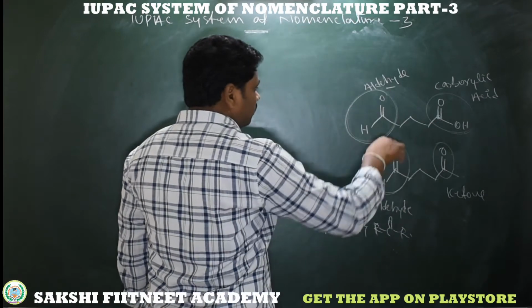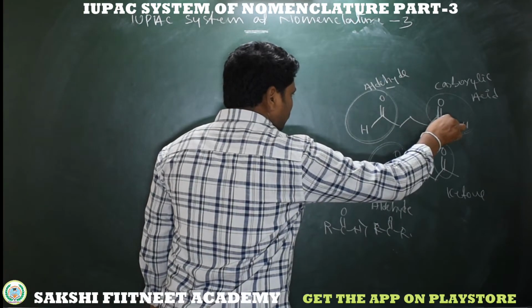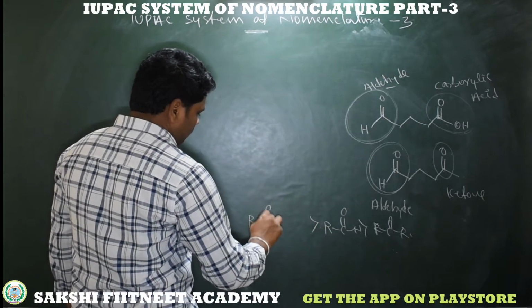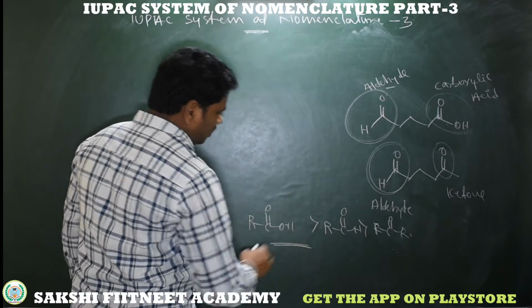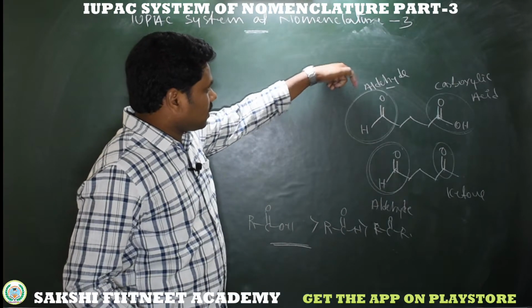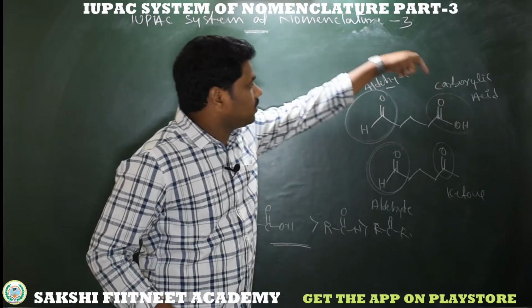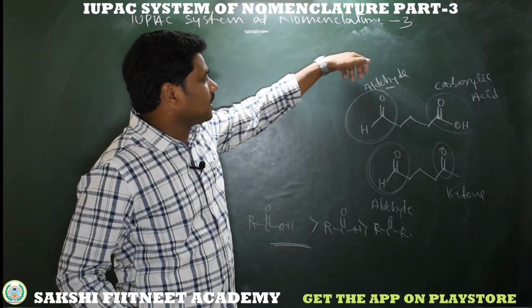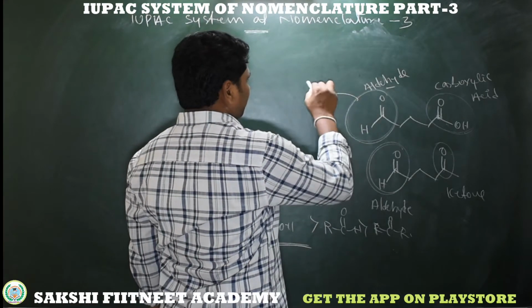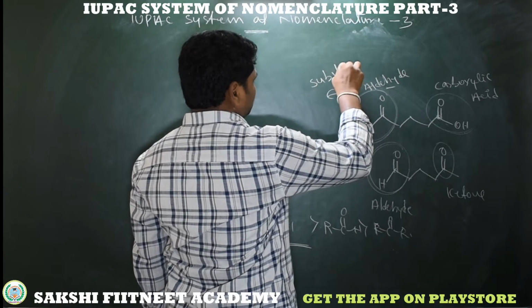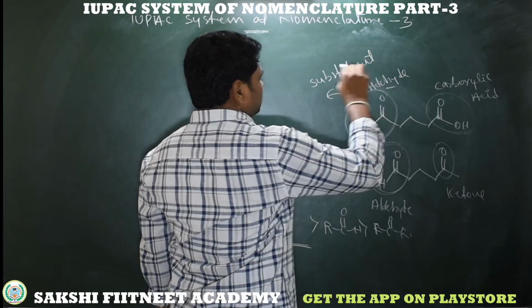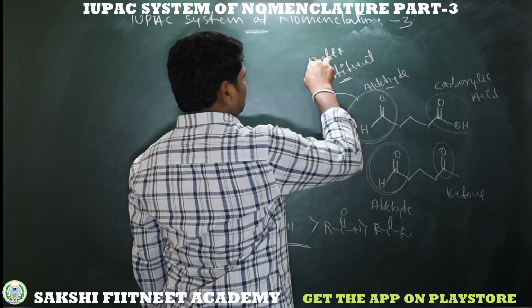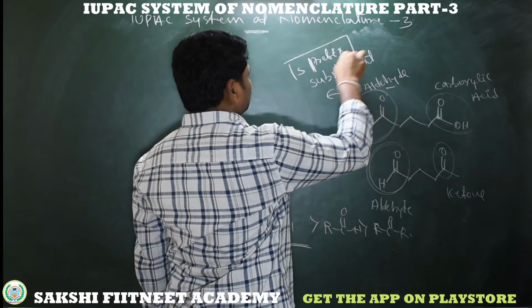and in this molecule carboxylic acid shows more priority than aldehyde. So this is the order. In this molecule carboxylic acid is the major functional group, and aldehyde is a secondary functional group. So in this molecule we are taking the aldehyde as a substituent, that means simply we are writing it as a prefix, a secondary prefix.